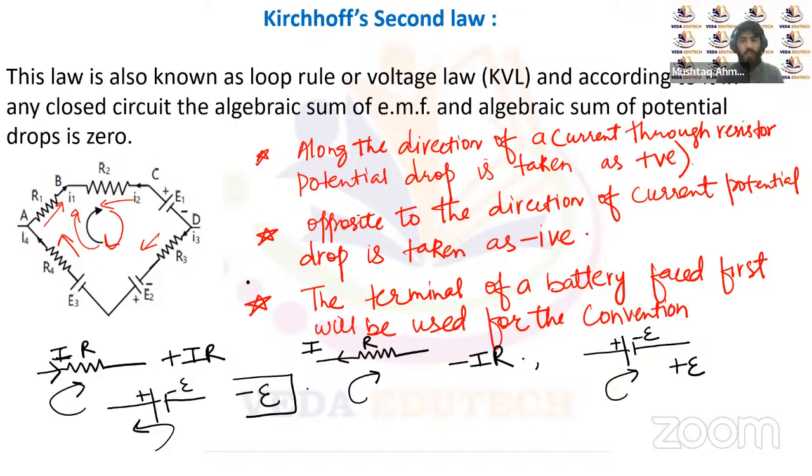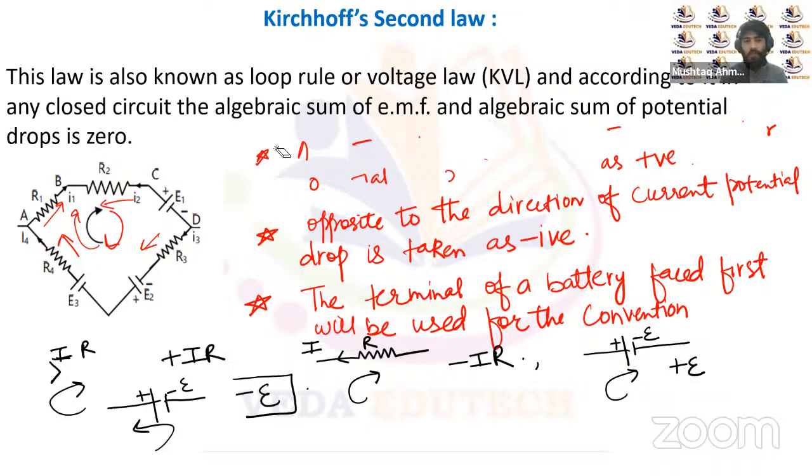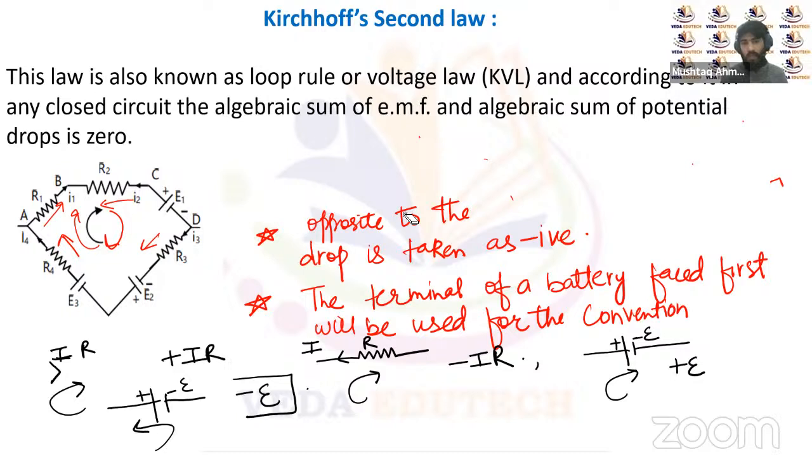So let's apply these sign conventions directly to this circuit to understand it better.